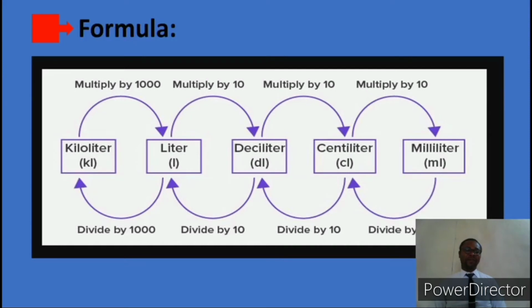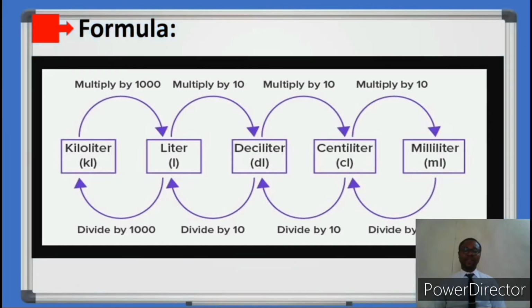Look at the formula. If you look at the directional arrow at the bottom, from the right to the left, you see the formula of conversion. The smallest of all of them is milliliter, while the largest is kiloliter.